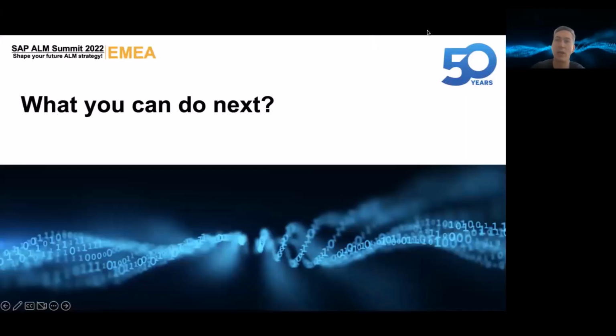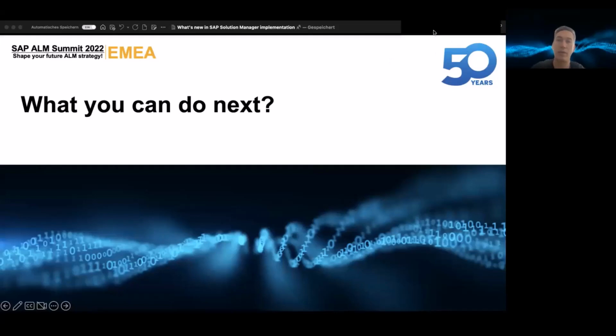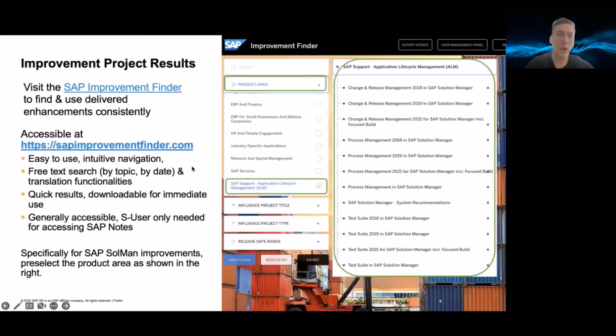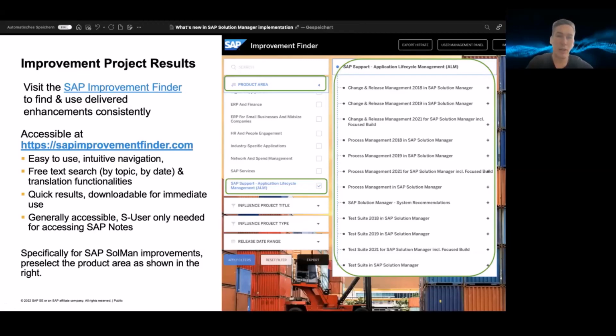So what can you do next, and where can you find more information? We have a so-called improvement finder. Based on the Customer Connect, you can find all these improvement requests again in detail with the description and also the proposed solution, when you can expect it and in which support package, or maybe it's a note.